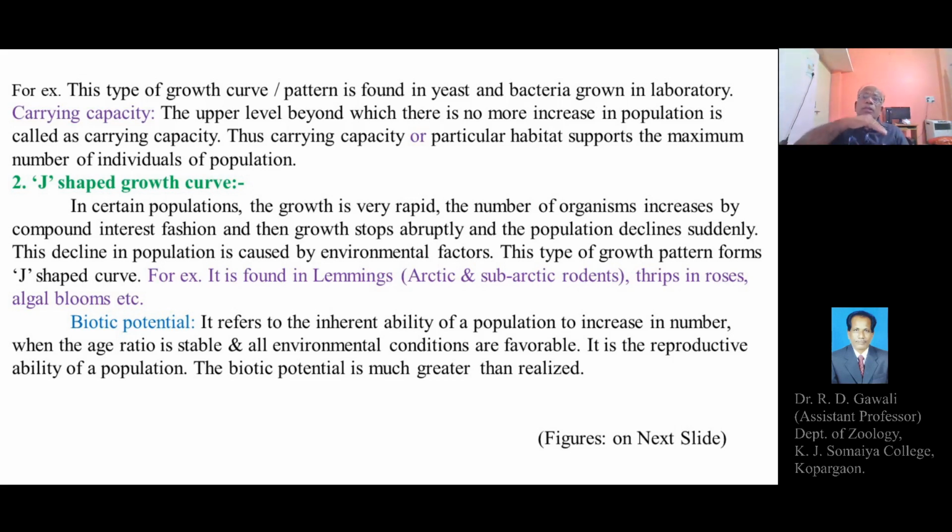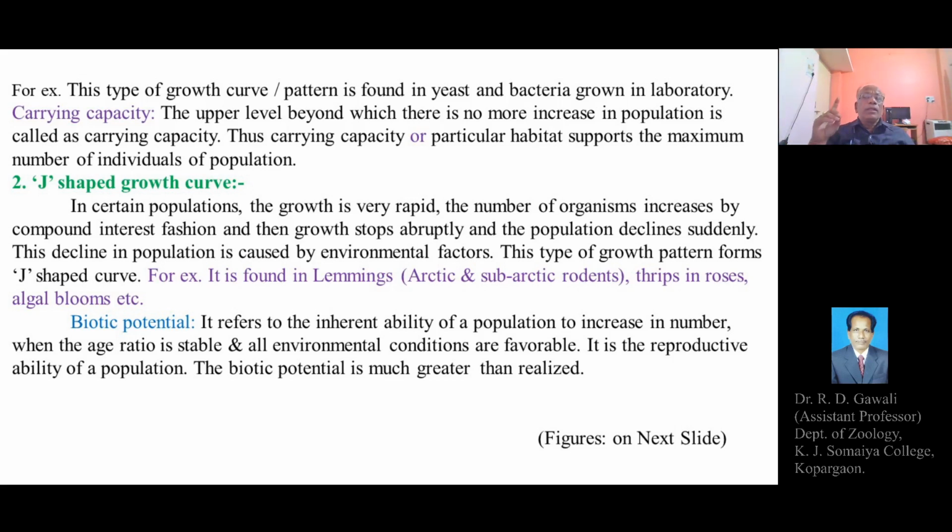So this forms a sudden increase, then stopping growth, that is, the increase in number. The number will not increase beyond a particular level. Growth stops abruptly, and again there is a sudden decrease in the number of organisms in a population.